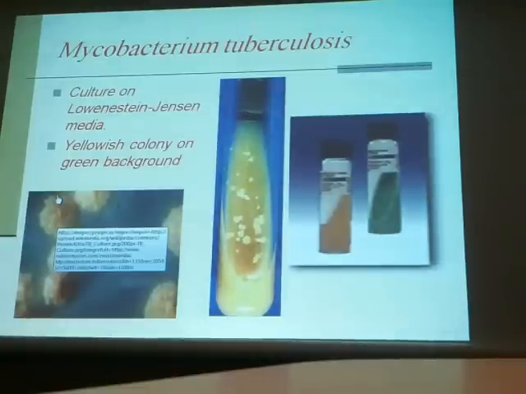It takes a very long time to grow on this media. So we usually depend on acid fast staining of the sediment of sputum, and we do confirmation after 4 weeks by this method.